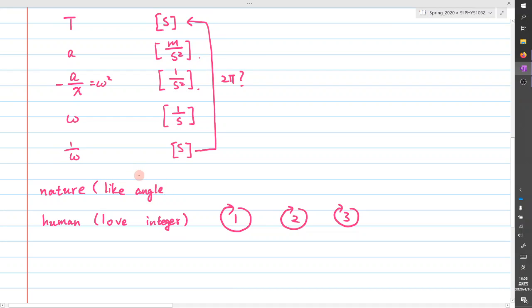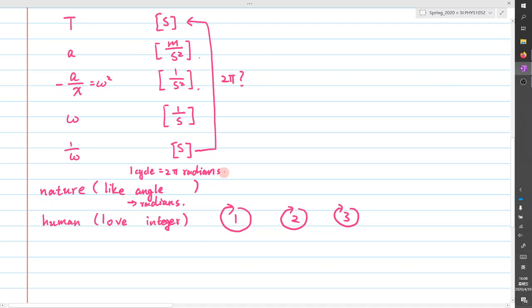And in particular, radians. If you're not familiar with radians, just remember that 1 cycle equals 2 pi radians.